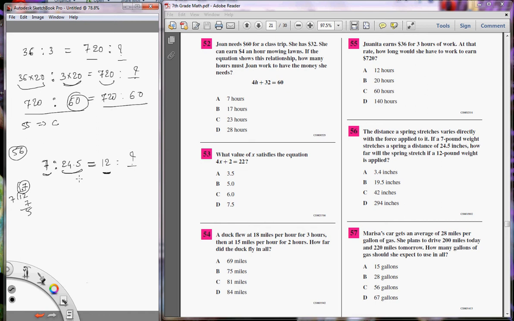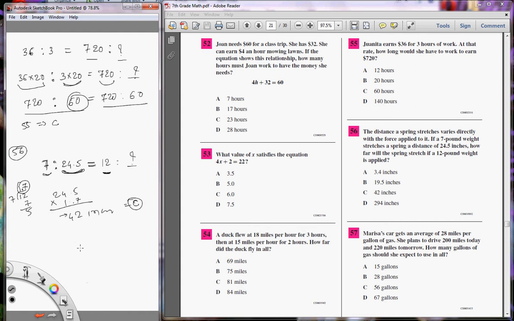So if you multiply 24.5 times 1.7, that will be around 42 inches. That will be the answer. So the answer will be C here. That is the closest number. The other numbers are very small or big.